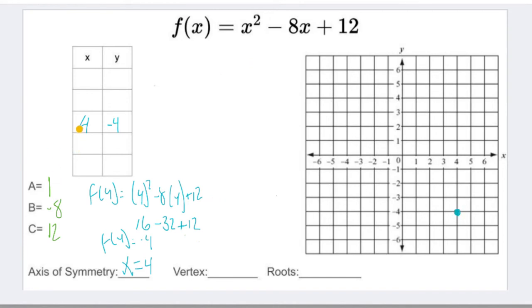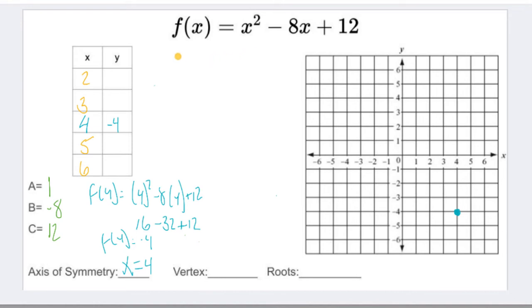Now the other points we're going to find, if we're starting at 4, obviously we want 5 and 6, and 3 and 2. Now mathematicians are lazy, so we're not going to find all of these. I've got to plug 2 more numbers into my equation. I'm not going to pick 5 and 6 because the numbers will be bigger. I'm going to pick 3 and 2 because they'll be smaller.